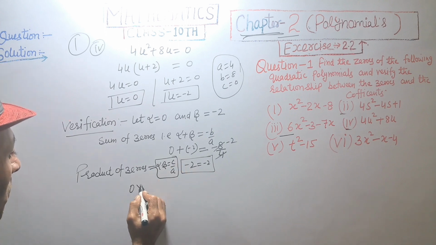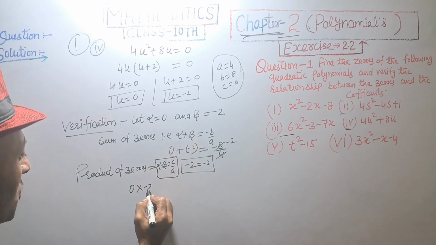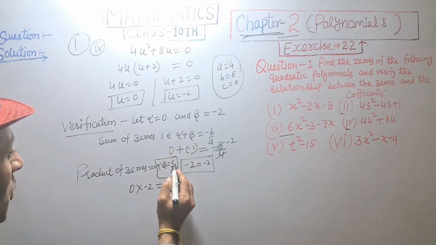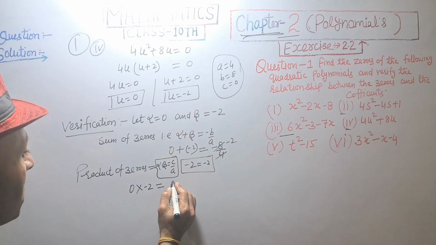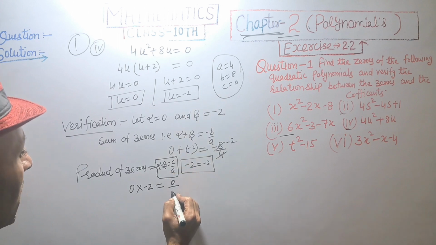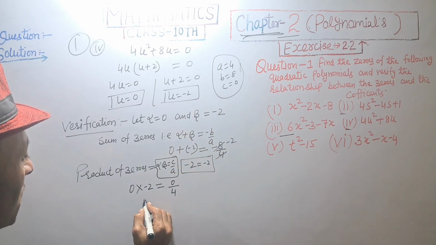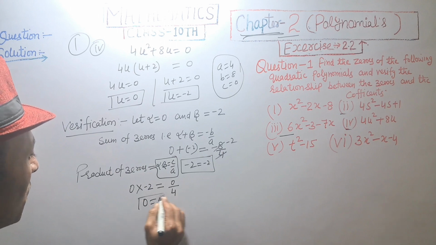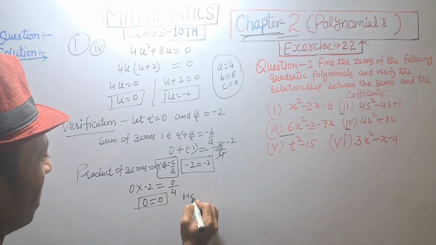Alpha is 0 multiplied by beta is -2, that is equal to value of c, we have 0 divided by a is 4. 0 equal to 0, hence verified.